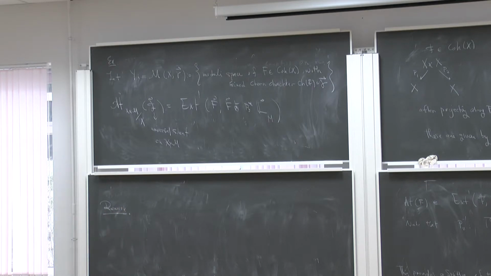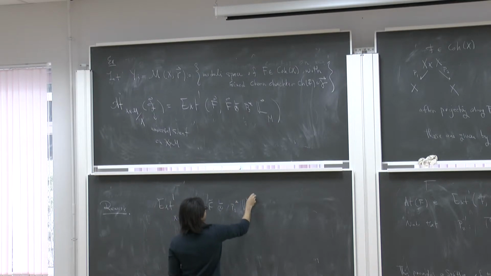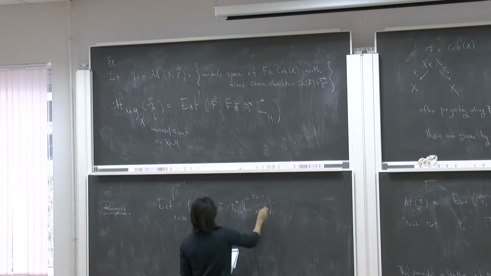If I start by this object, so I'm going to start from the universal sheaf F on X times M, and then F tensor product with pullback of the truncated cotangent complex of my moduli space.